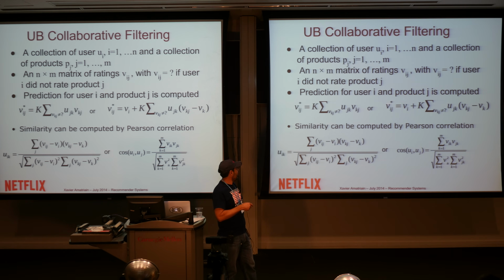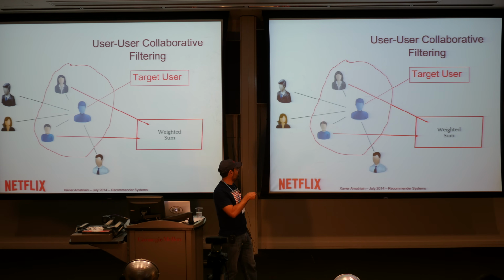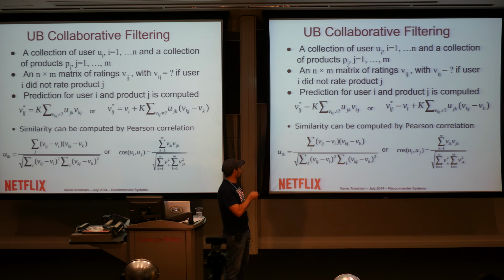So basically, going back to the previous slide, weighted sum of the neighbors, the prediction for the user is just going to be a combination, or a weight, of every user and the rating that the user gave to that item.